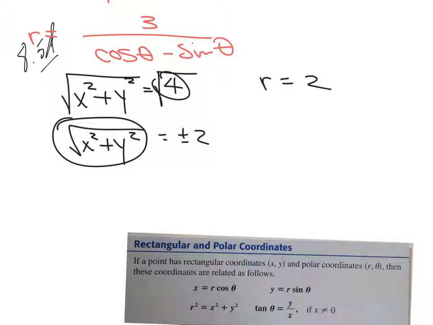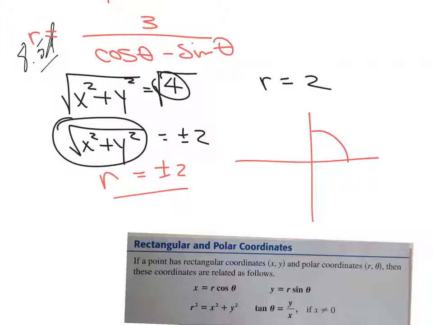From here, I realize that x squared plus y squared equals r squared. If I took the square root, this equals r. So this is the same as r, and that equals plus or minus 2. And I'm done. When I graph this, I have a circle with radius of 2 around the origin. Not too bad.